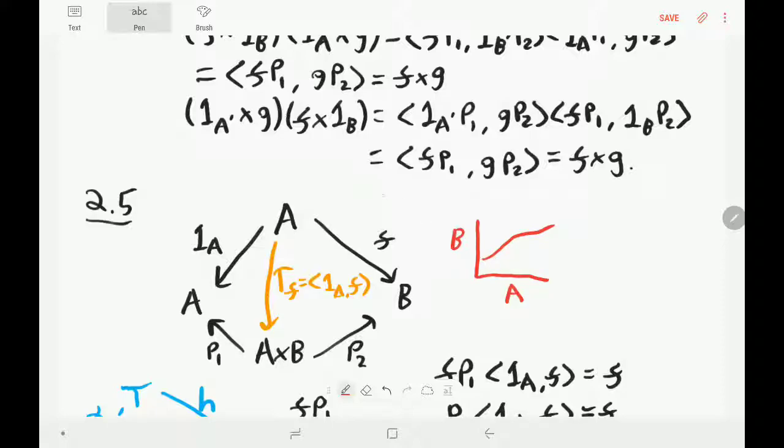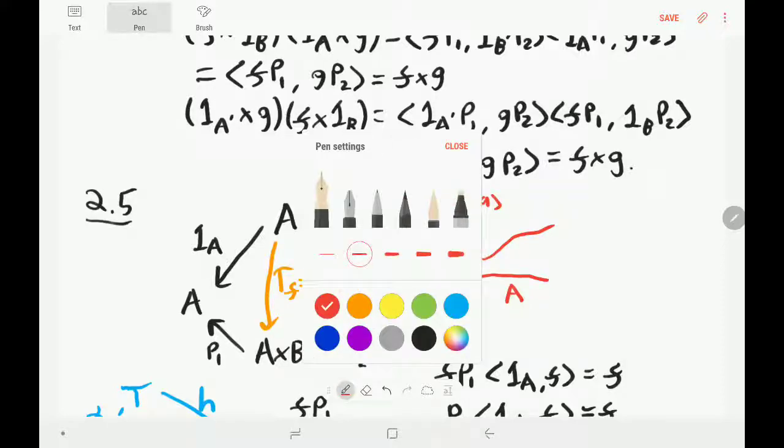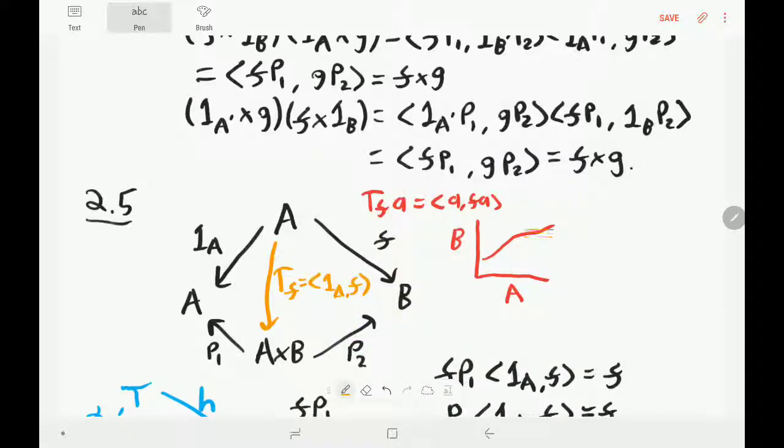So what we have is, for example, that gamma f of little a is a comma f of a, and that's nothing more than the coordinates of that point on the graph.